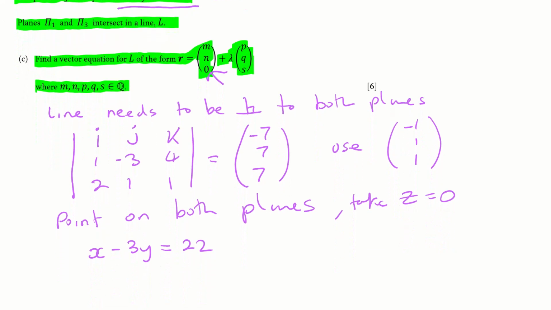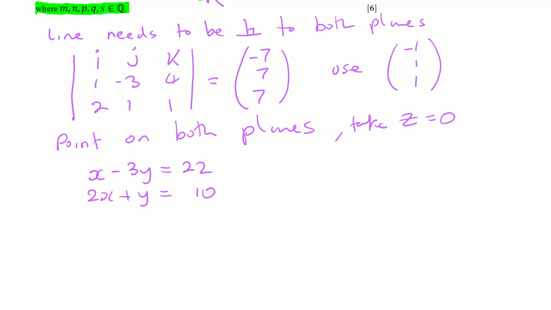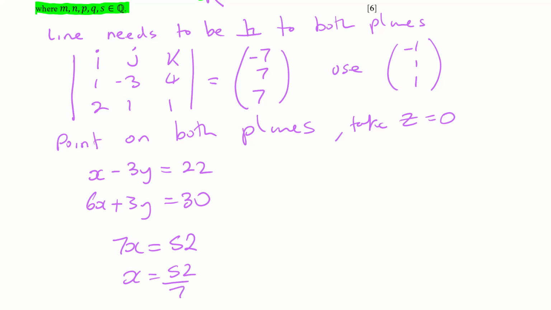And we get 2x + y = 10. If I multiply that one by 3, it would give me 6x + 3y = 30. And so, just adding those gets rid of the y's. We get 7x = 52. So x is equal to 52 over 7.